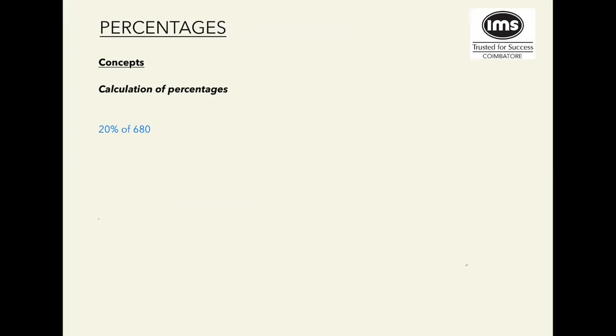So percentage means it is a part or a value of something. Okay, so when we look at 20% of 680, the way we calculate the formula is 20 by 100 into 680.